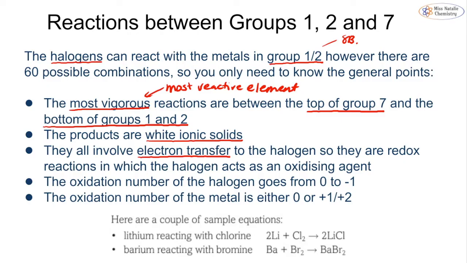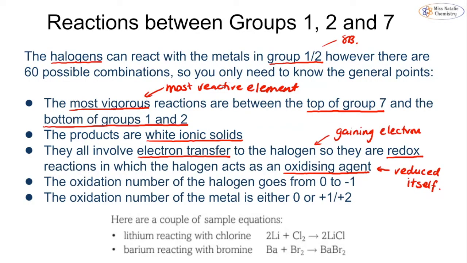So the halogen is gaining an electron, and because that is gaining an electron, of course, the metal is losing an electron. So these are examples of redox reactions. And in this case, the halogen acts as the oxidizing agent because it itself is being reduced.